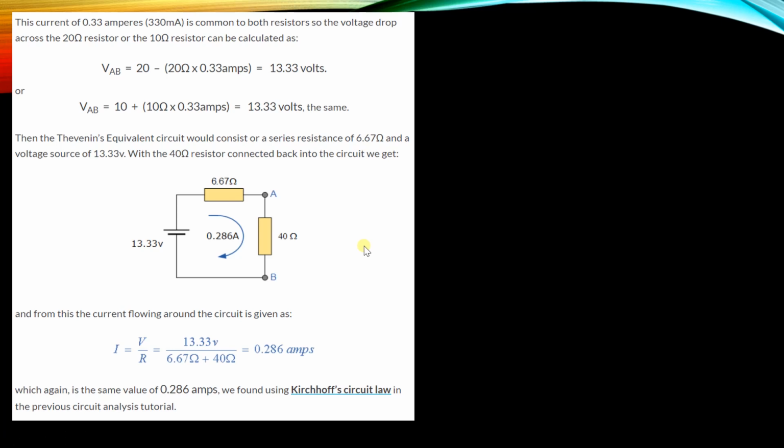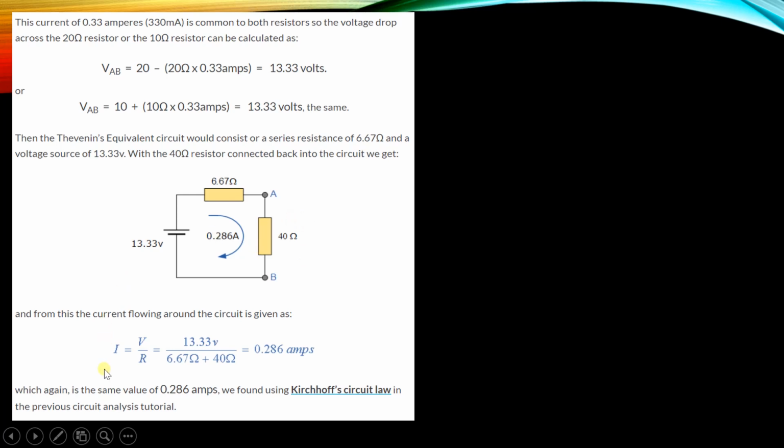Now we have the Thevenin voltage, and we have the Thevenin resistance. We connect them in series with each other, we make it a Thevenin source, and reconnect the load resistance which we removed at the initial step, this 40 ohm resistor.